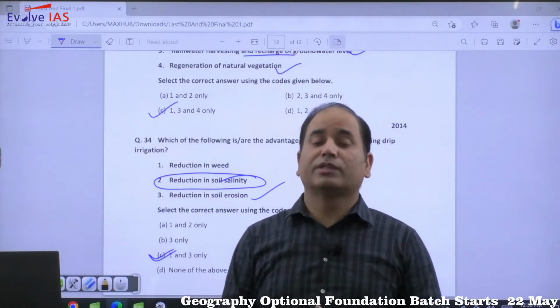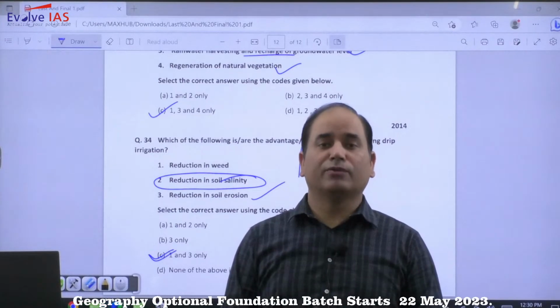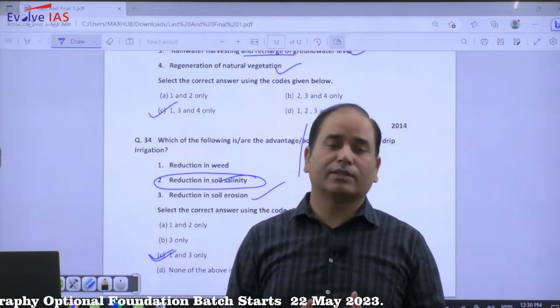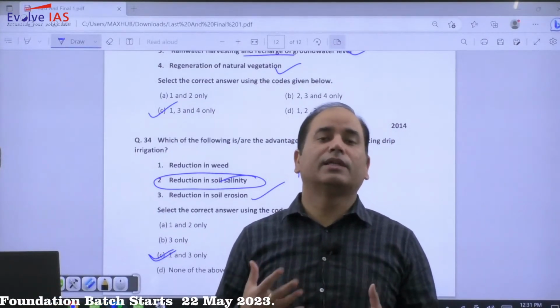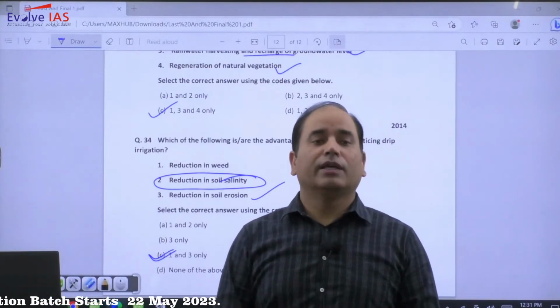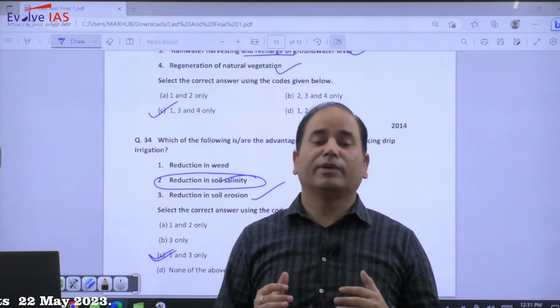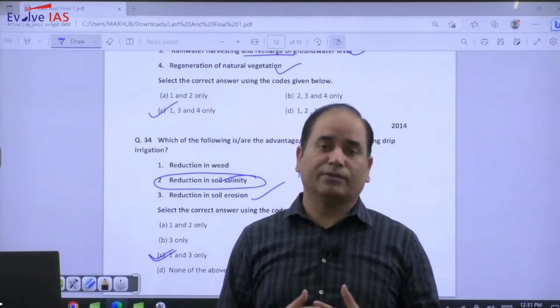We will have one more session related to this revision, associated with human and economic geography, but the majority of the questions in your prelims examination are asked from this map part, from the physical geography of India. So this area you should not miss, you need to have good command, so that you do not miss the very basic, easy question.